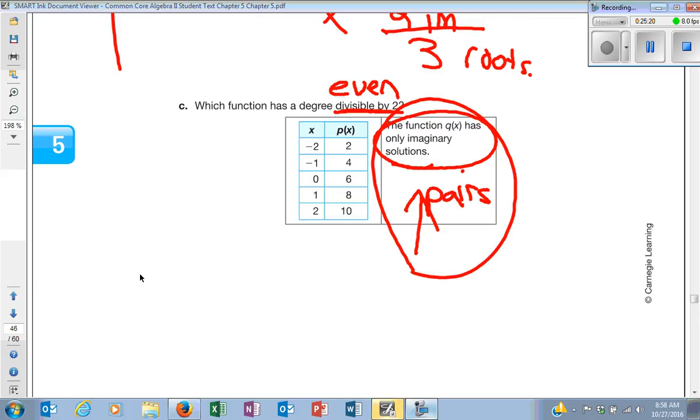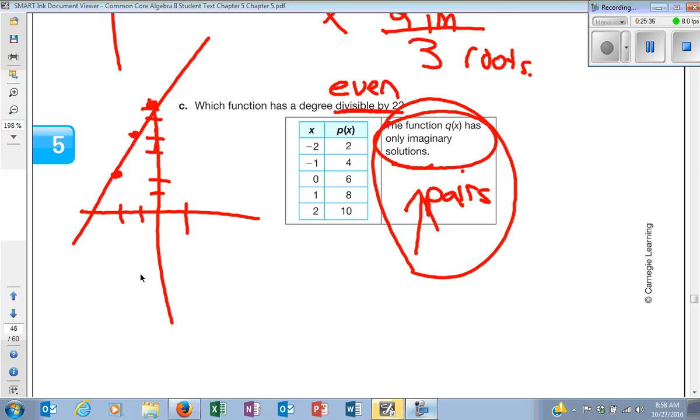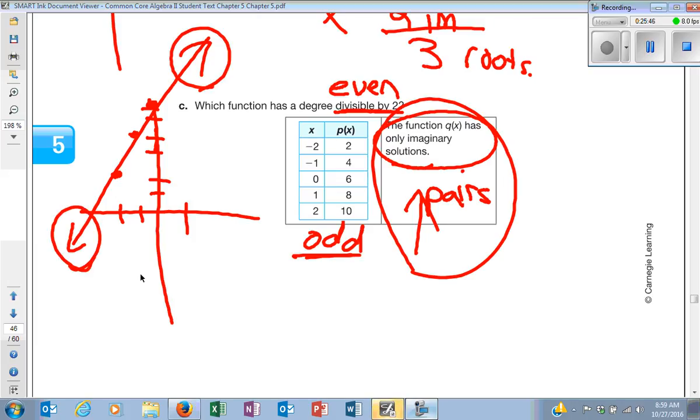If I look at this guy and I start graphing it, negative 2, 2, negative 1, 4, 0, 6, 1, 8, it looks like this guy is some kind of linear function, which is going to be odd. Starts down, ends up, I at least know that it's odd, which is not even.